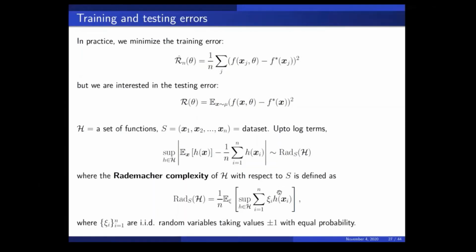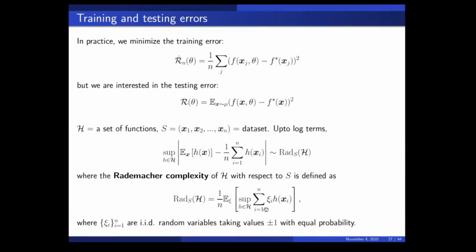And Rademacher complexity measures how well functions in the hypothesis space can approximate random noise. So given a hypothesis space H, let's try to pick functions from the hypothesis space to fit random noise xi_i. These are just IID random variables that take +1, -1 values with equal probability.